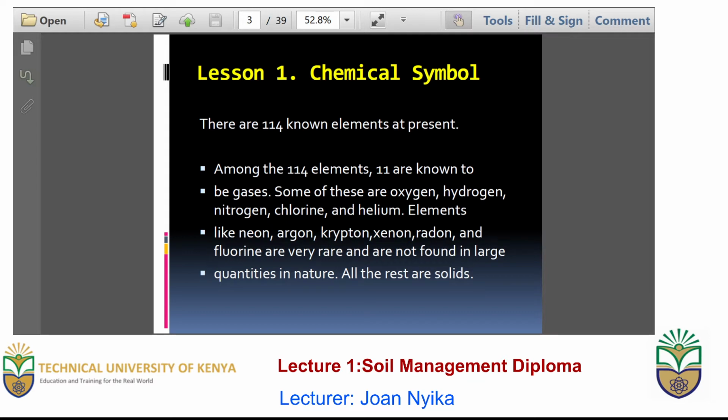Of these 114, 11 of them are gases, and some of them include oxygen, hydrogen, helium, chlorine, nitrogen, and the stable gases, what we refer to as the group 18 elements, the neon, the argon, the xenon, radon, fluorine, and krypton. So all the other elements of the periodic table exist in solids except what we have termed as the 11 gases, and they are those that I have named.